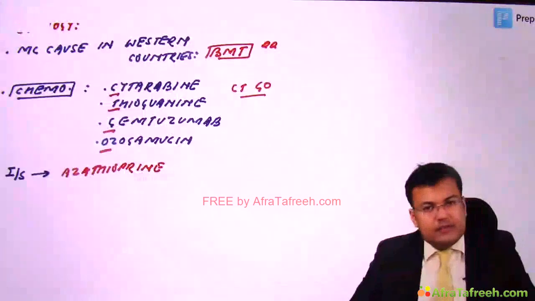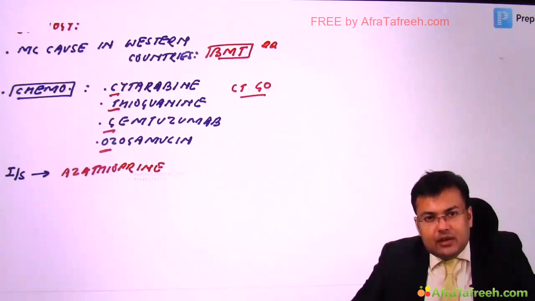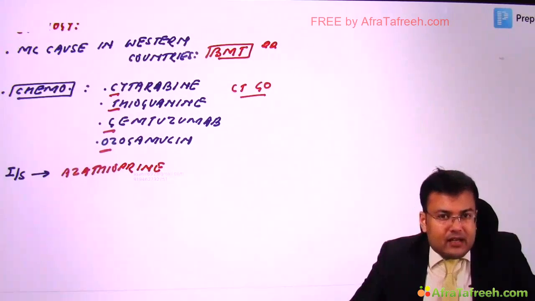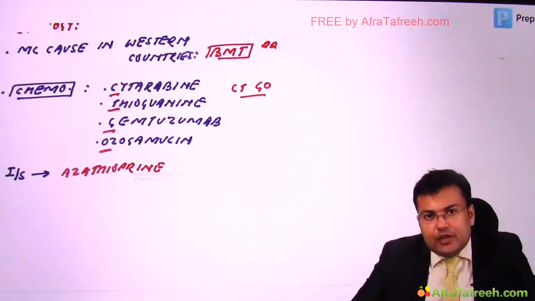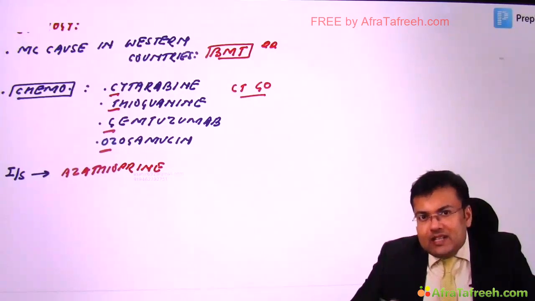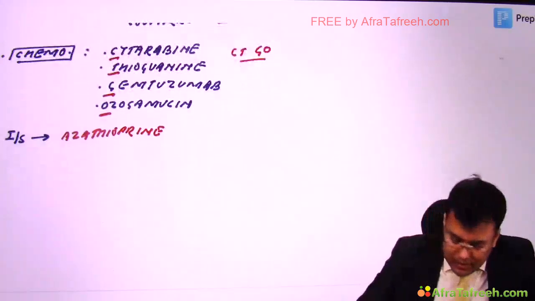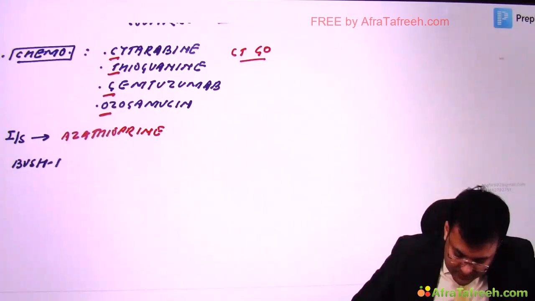One question which is asked frequently is consumption of bush teas. This question was indirectly asked in PSM also: in bush tea, which alkaloid is responsible for VOD? There is presence of pyrrolizidine alkaloid, and this alkaloid is responsible. So, consumption of bush tea.